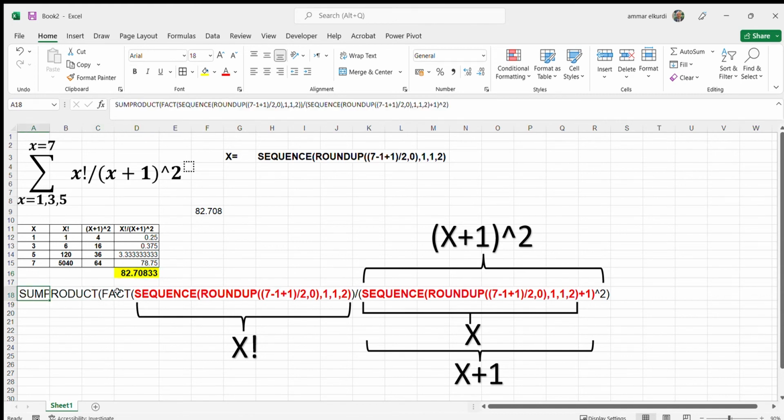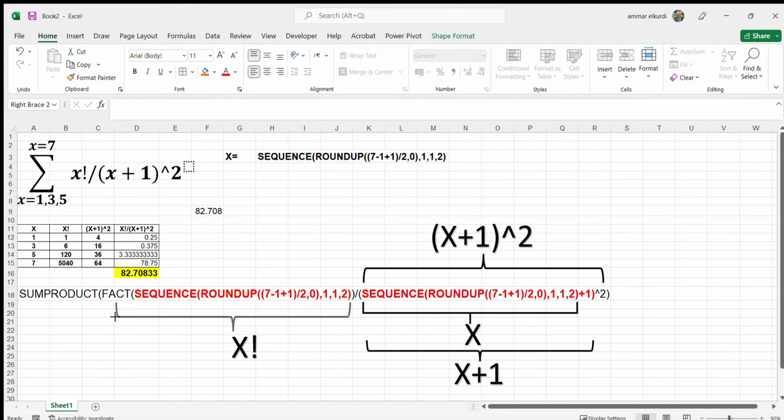SUMPRODUCT, open two parentheses. You see here FACT from here. FACT with the sequence formula is the factorial x. Divided by, from here to here is x.